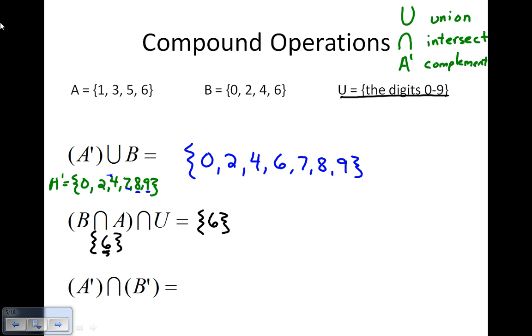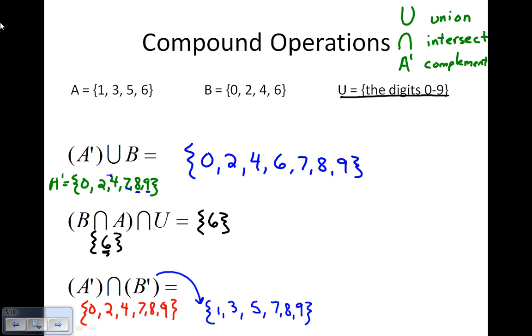So the complement of A is going to be 0, 2, 4, 7, 8, 9. So all those things that are not in A but are in U. And the complement of B is going to be 1, 3, 5, 7, 8, 9. Once again, it's those things that are not inside B but that are still inside the universal set U.